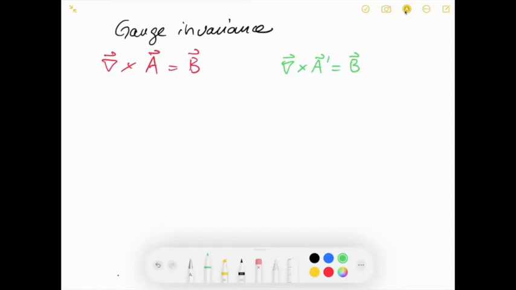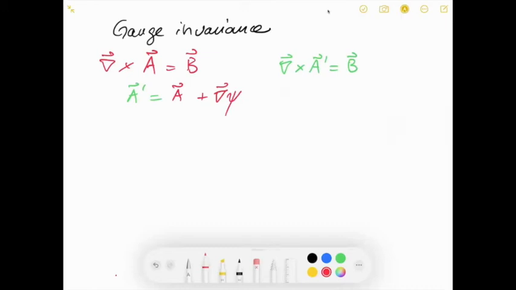So for instance, what we can do is we can say, okay, I'm going to take my green A prime, and I'm going to call that our red A, but I'm going to add the gradient of some kind of a scalar field. So the question is, are we allowed to do that?